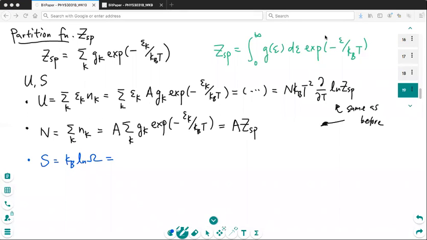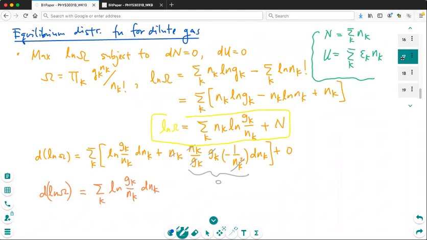Okay, let's continue. The next thing is to calculate the entropy. So this is the definition of entropy. Okay, what is this log? This is something I boxed before in yellow. So I need to look at this. Let's carefully copy this over. So you see I have the sum over k, nk log, and then this big N here.